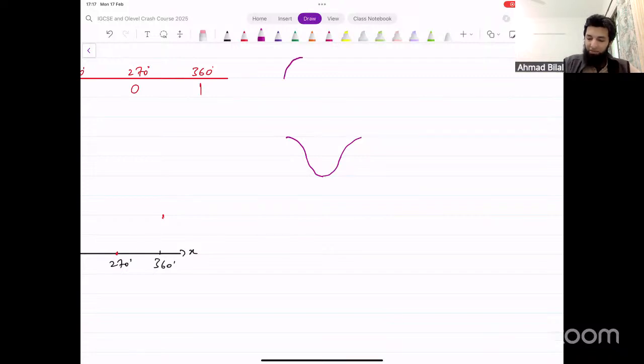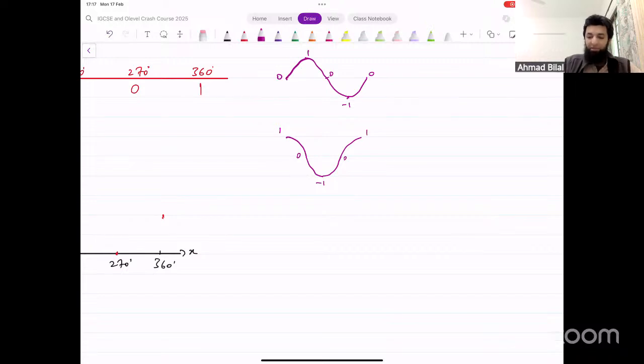Sine graph was this. Sine graph started from 0. It went up to 1 and then came back to 0 and then -1 and then back to 0. Right? So the sine graph went like this: 0, 1, 0, -1, 0. Cos graph goes like this: 1, 0, -1, 0, 1.